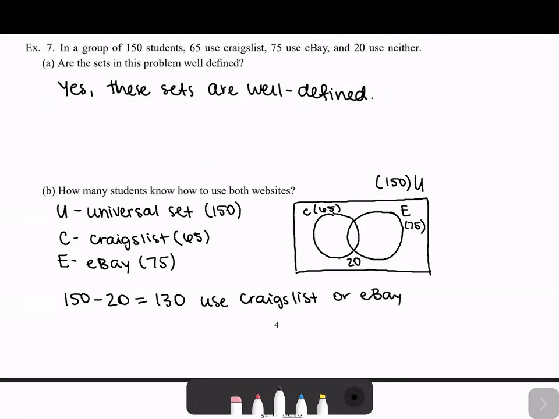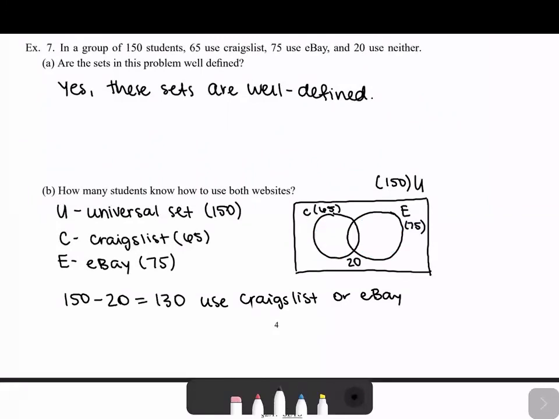Because we have 20 that don't use either. So that means we have 130 that use one or the other. So we have 130 students who are in this union of C union E, who use Craigslist or eBay. Okay.